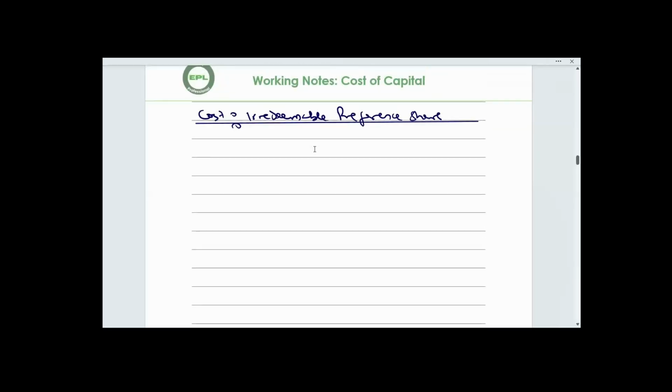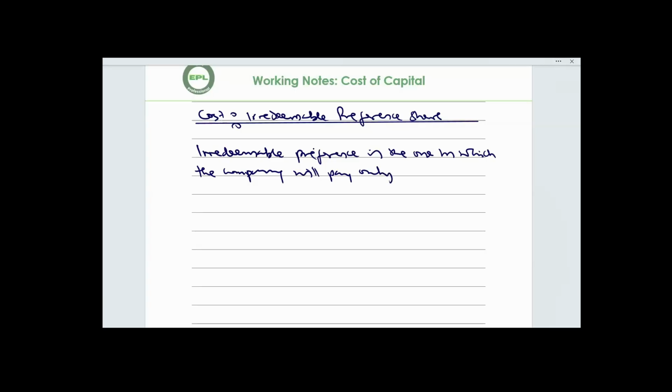Irredeemable preference share is the one in which the company will pay only the annual fixed dividend, but the principal will not be repaid.